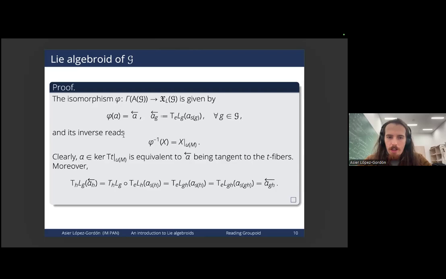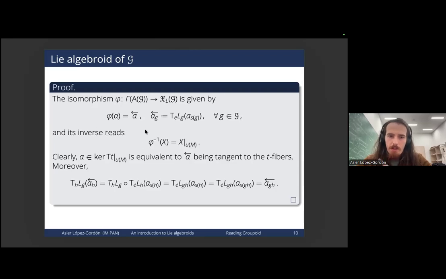And its inverse will be just evaluating the left invariant vector field restricted to the image of the identity map of the groupoid.